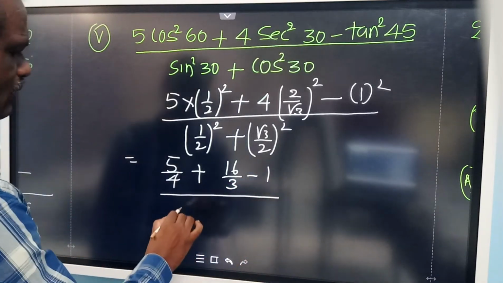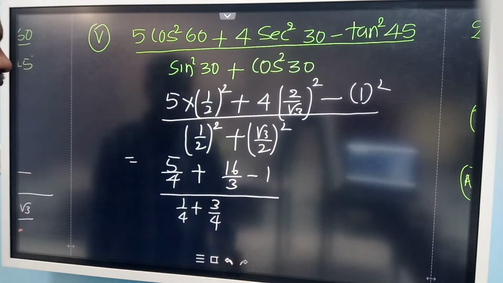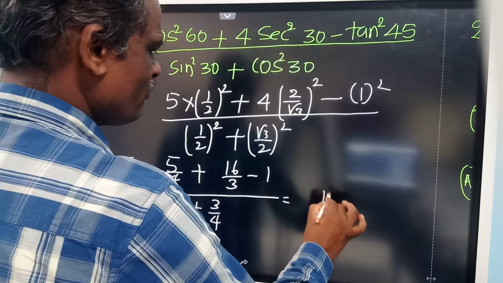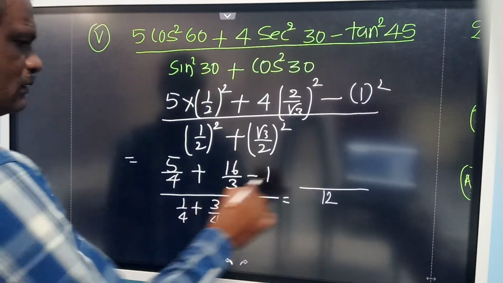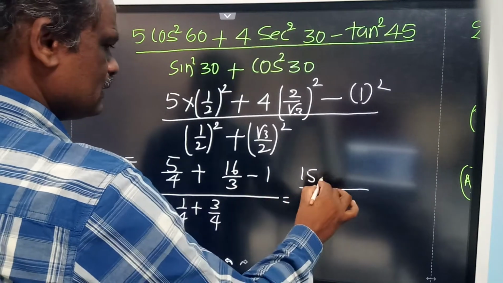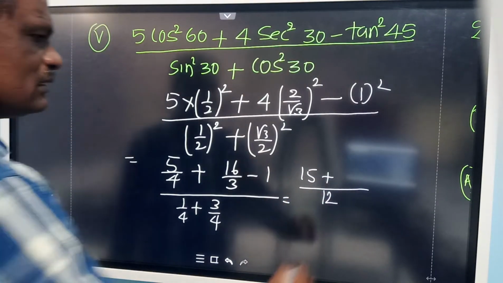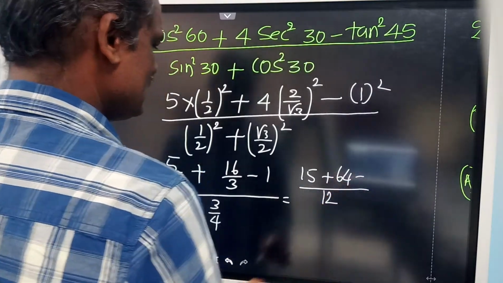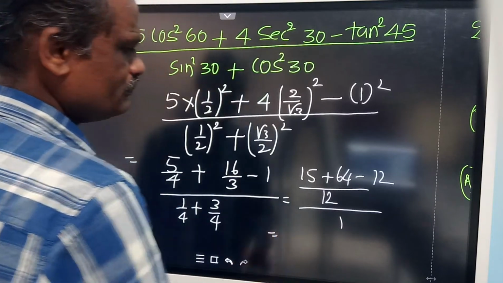Whole thing divided by 1 by 4 plus 3 by 4. So here the LCM is 12. So 12, 4 3s are 12. 3 5s are 15. Then 3 4s are, 4 into 16, 64 minus 12. So this entire thing becomes 1.